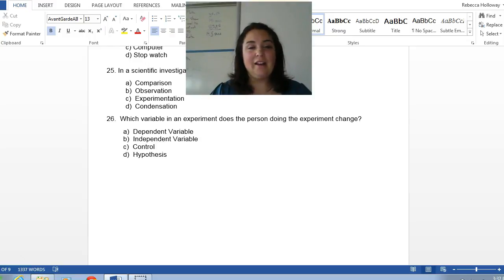Which variable in an experiment does the person doing the experiment change? A. The dependent variable. B. The independent variable. C. The control. Or D. The hypothesis. Which variable in an experiment does the person doing the experiment change?